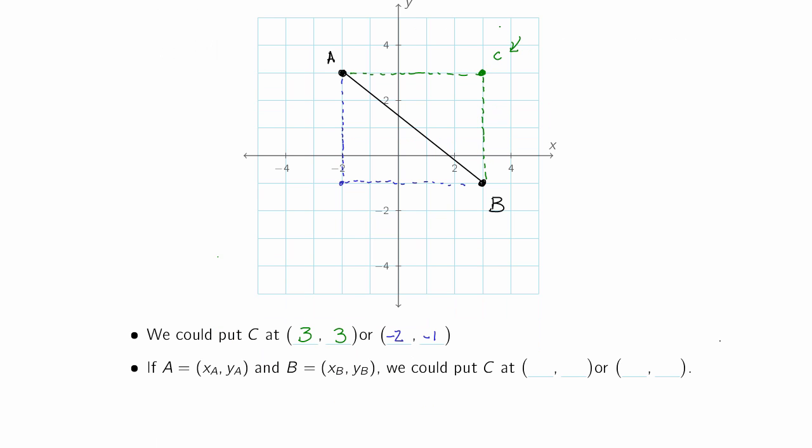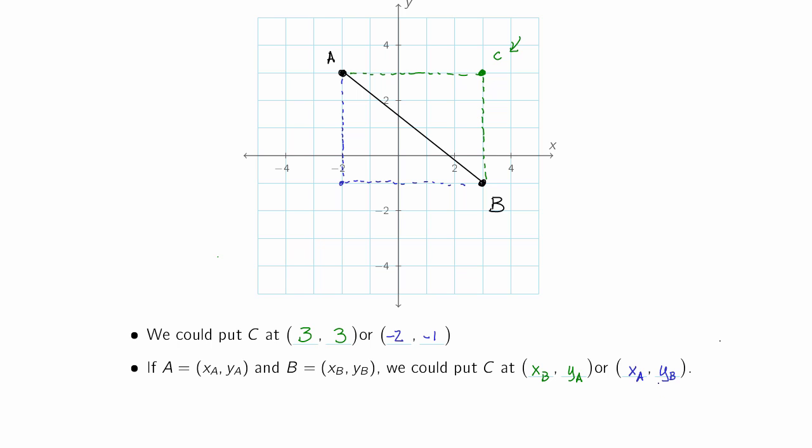So our third point can either be on the same horizontal line as A, that's having the same y-coordinate as A, and the same vertical line as B, that's having the same x-coordinate as B. Or we can put it on the same horizontal line as B, that'll be the same y-coordinate as B, and the same vertical line as A, that's having the same x-coordinate as A.